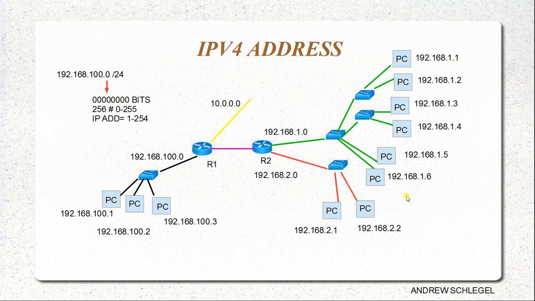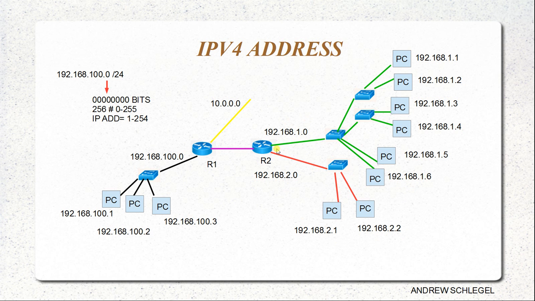So if I have 260 computers and I want to put them on this network, it's a /24, I'm just out of luck. There's not enough space. Conversely, if I have only on this 192.168.2.0 network two computers, dot one and dot two. Well, I do have an address here, which might be dot three.